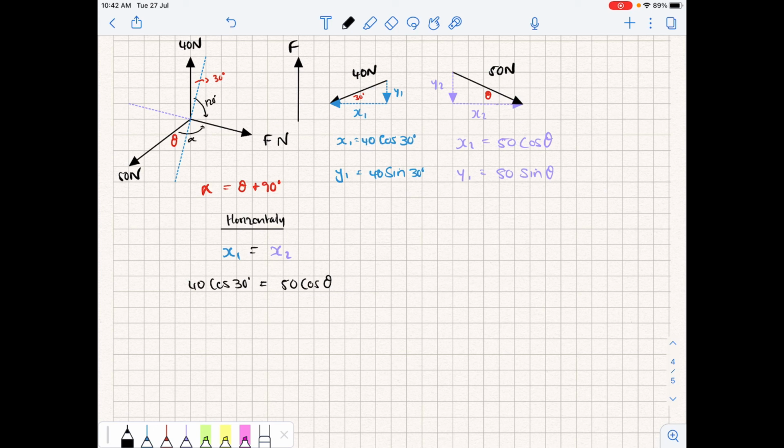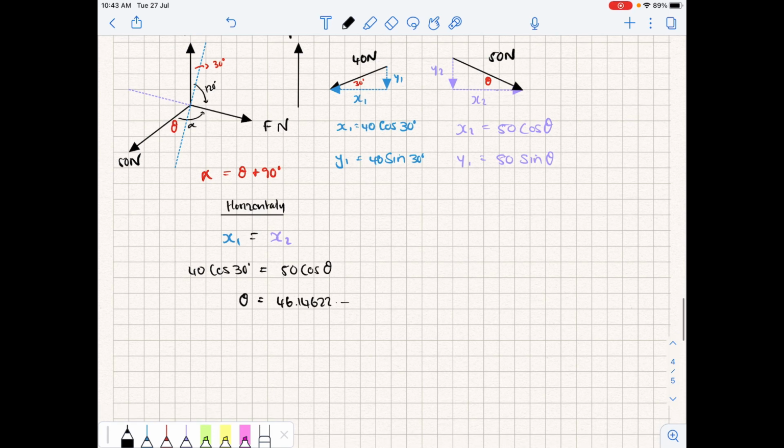So we can take 40 cos 30 degrees on our calculators, divide that by 50, and then take the inverse cos of our answer, and that will give us our angle for theta. So theta is equal to 46.14622, etc. And usually in our exams, we are going to round to 1 decimal place. So theta would be equal to 46.1 degrees.